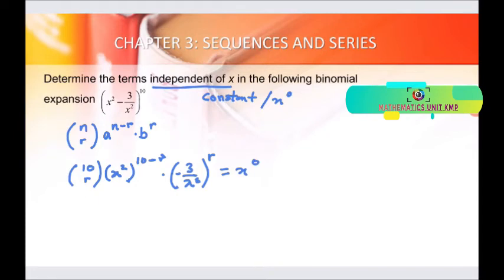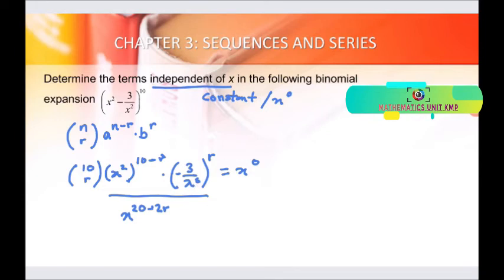Now we need to find the value of r, or which term contains the independent of x. So let's simplify. For x here, we have x to the power of 20 minus 2r multiplied.